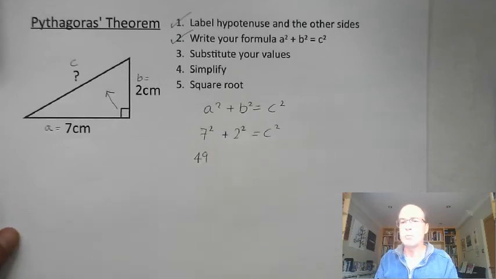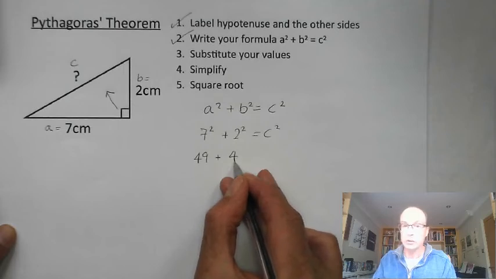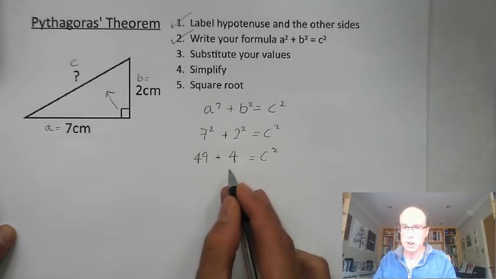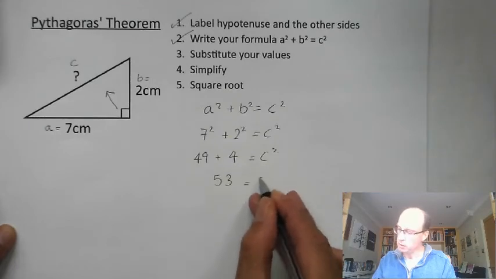We should know most of our square numbers up to 10, preferably up to 12. If you can't remember, use your calculator. So 7 times 7 is 49. 2 squared, that one really should know, is 4. So 49 plus 4 is equal to C squared. 49 plus 4 is 53, and that's equal to C squared.